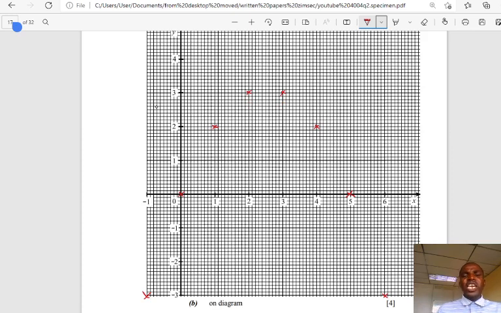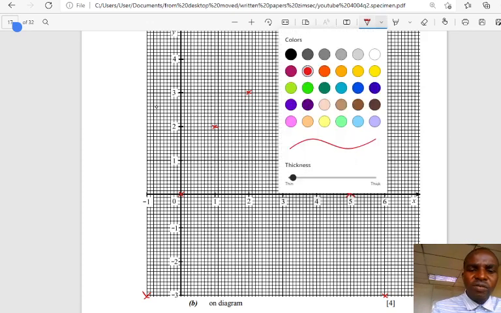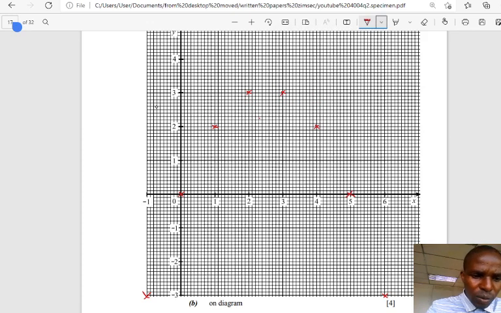It's here. Then join your graph. Join your graph here. My graph is looking very nice.